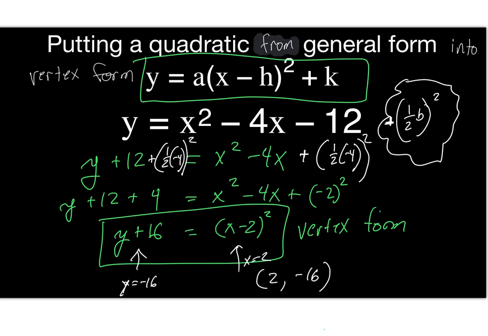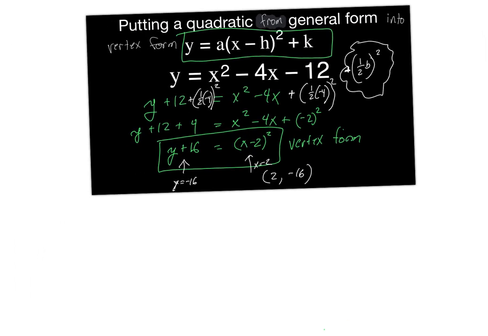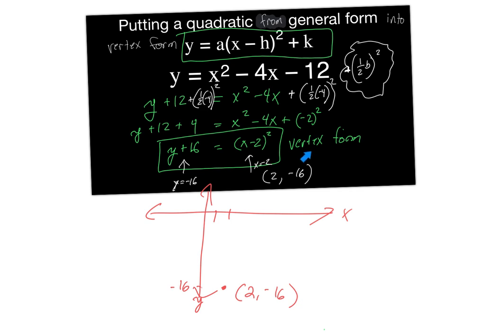In a graph, x, y, 2, and we'll call this negative 16. At this point right here, 2, negative 16, that is the vertex of the parabola that we're graphing.